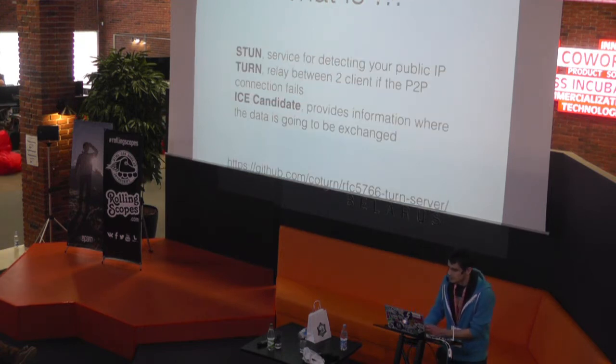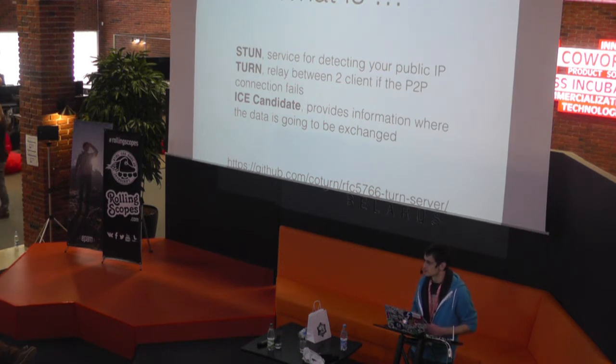Okay, now what is STUN? STUN is a service which will help you detect the client's IP address. If the connection between two peers cannot be established, a TURN server will be used as a relay between two clients.